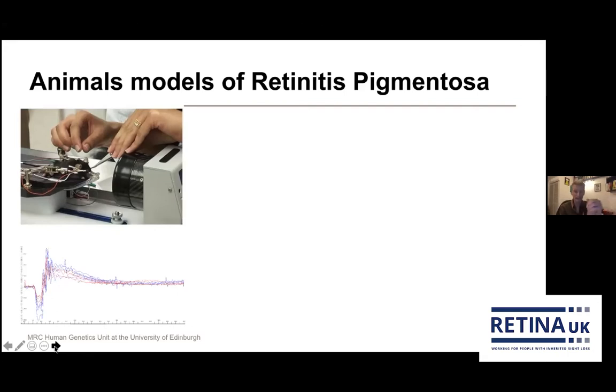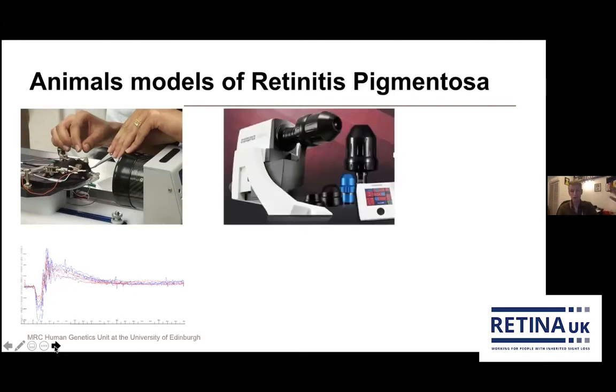And we can see that in our mice. On the left is a photograph of our mice in the machine, and below that, tracings of the electrophysiology readout. In blue, you get the classic trace. And in red are the tracings of the mutant mice, which have a flattened ERG curve, which shows that they're not seeing as well.